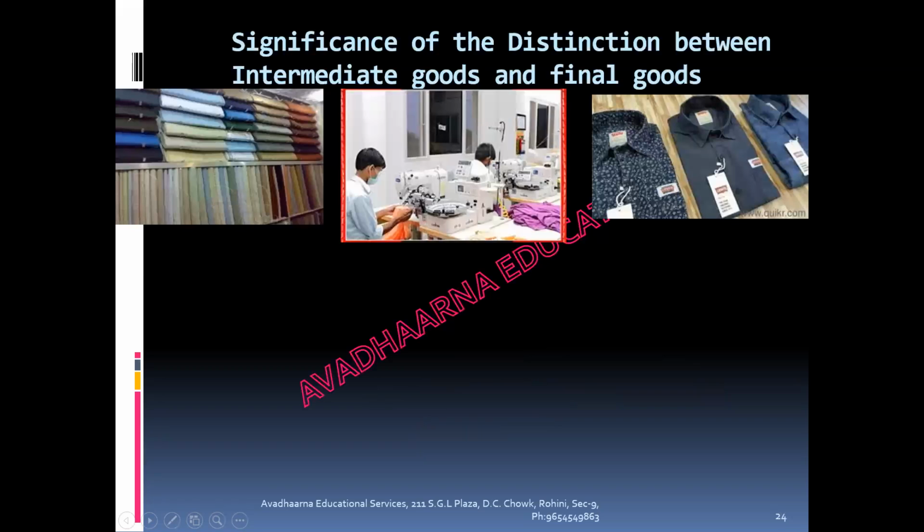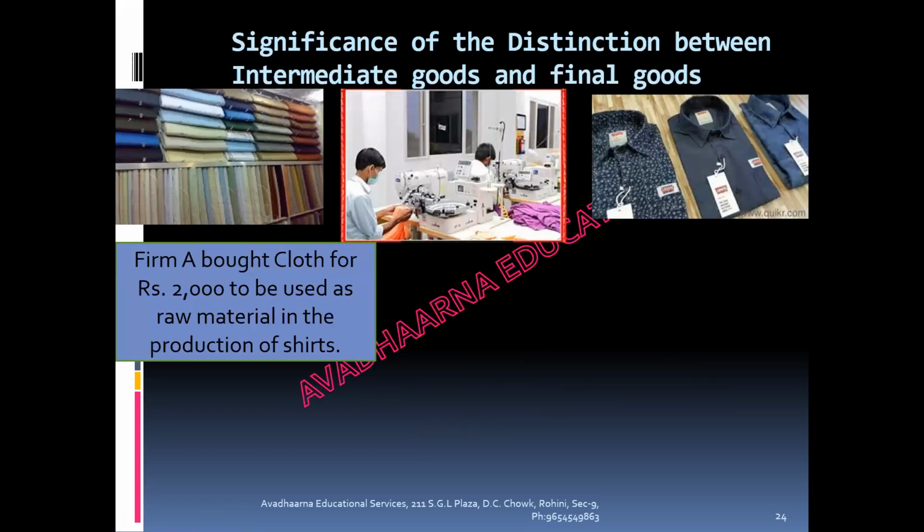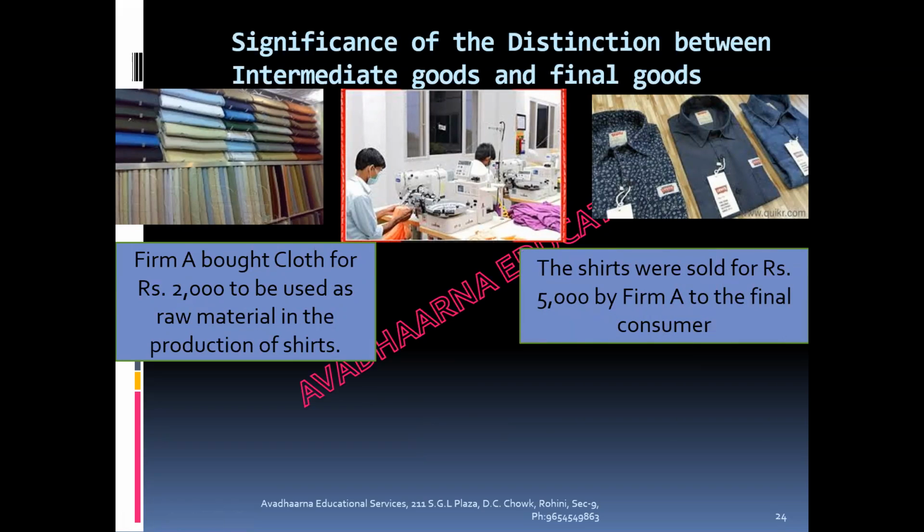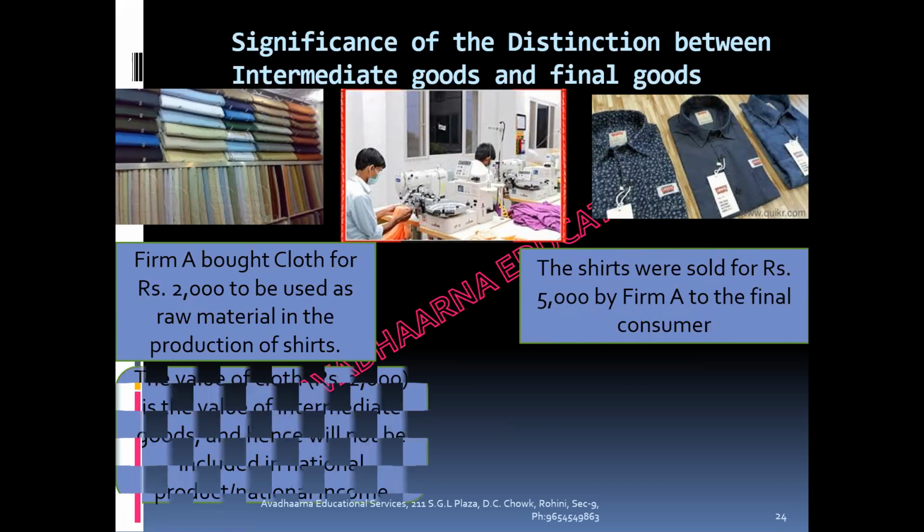Now, the significance of the distinction between intermediate goods and final goods. Let's understand this with the help of an example. Now see, this is firm A, and firm A bought cloth for rupees 2000 to be used as a raw material in the production of shirts. Now the cloth is being purchased to be converted into shirts. The shirts were sold for rupees 5000 by firm A to the final consumer who ultimately is going to wear that shirt.